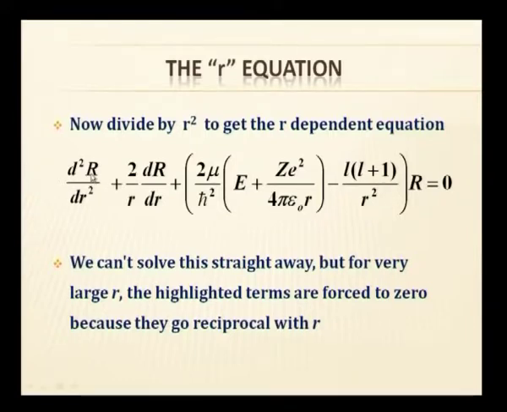Let me now read: d square R by dr square plus 2 by r into dR by dr plus 2 mu by h bar square into E plus z e square by 4 pi epsilon naught into r minus L into L plus 1 by r square multiplied by capital R will be equal to 0. We can't solve this equation straight away, but for very large r values the highlighted terms are forced to 0, because they go as reciprocal of r.